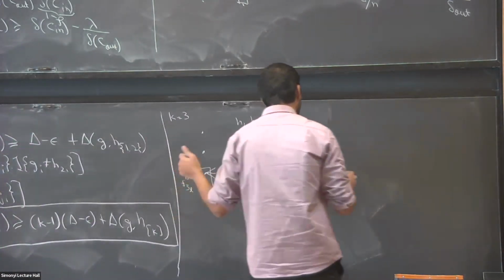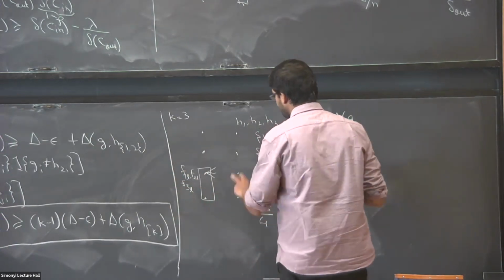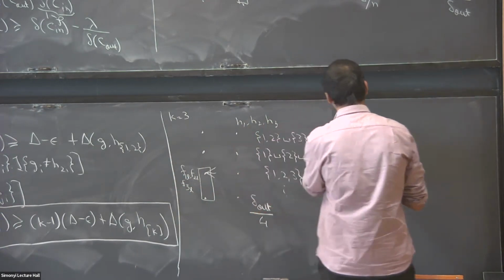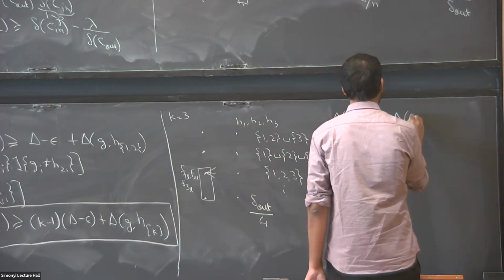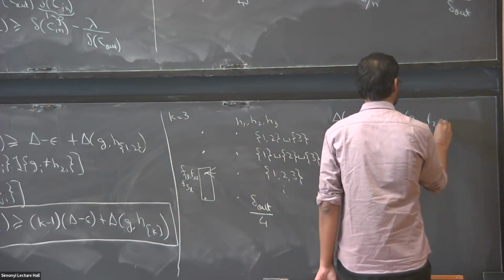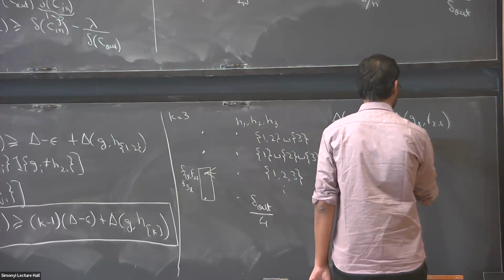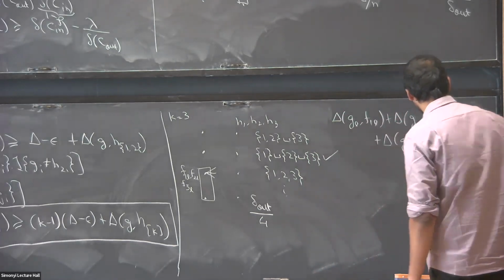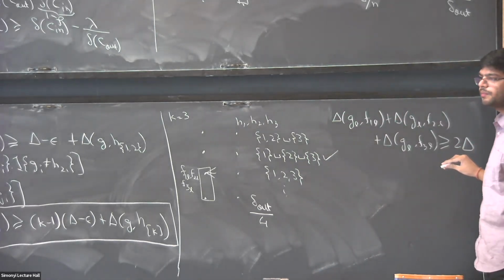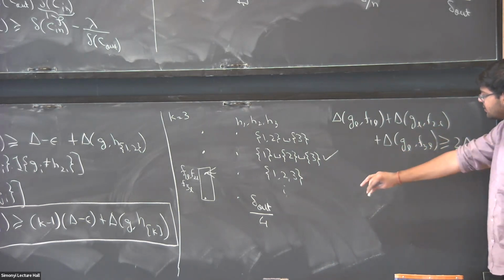So by the generalized singleton inequality that we have, and even G that we are measuring things against would have some local projection. This is greater than or equal to 2 delta because K here is 3. And this happens for a constant fraction.